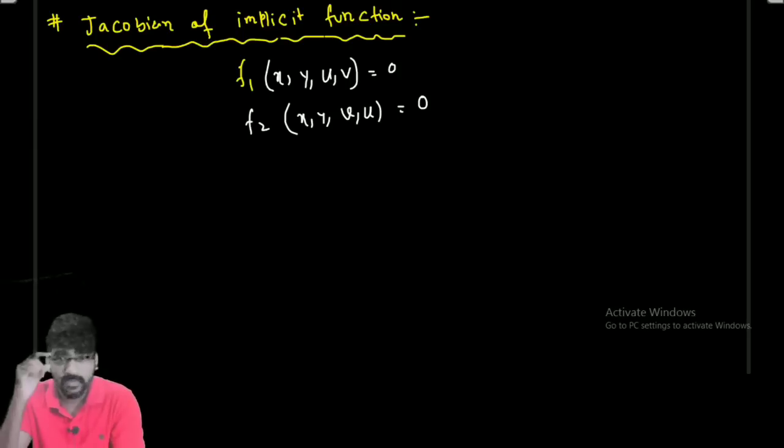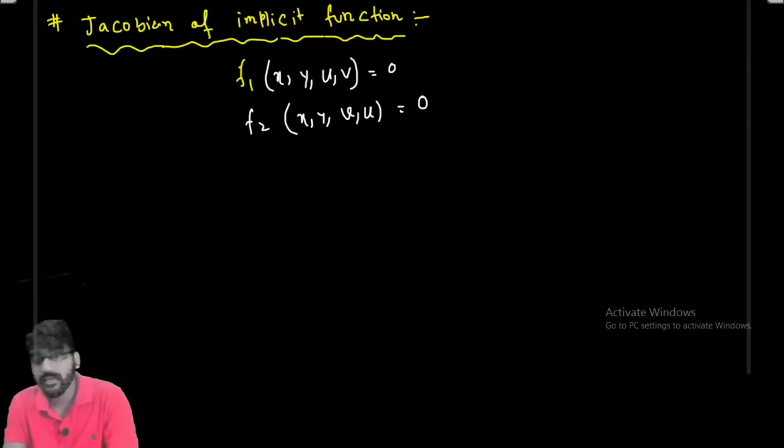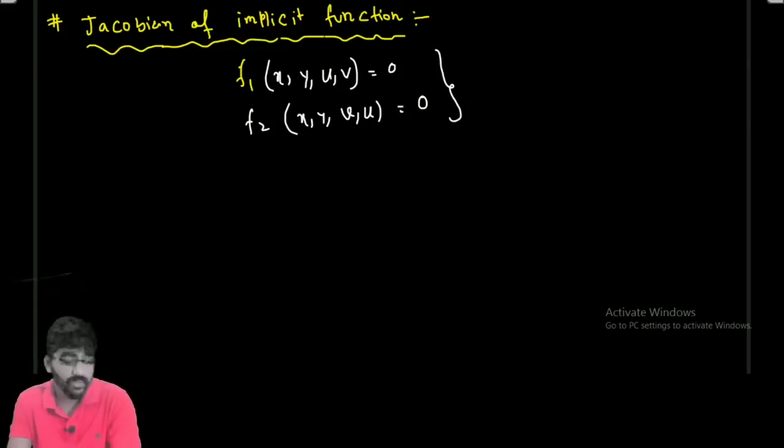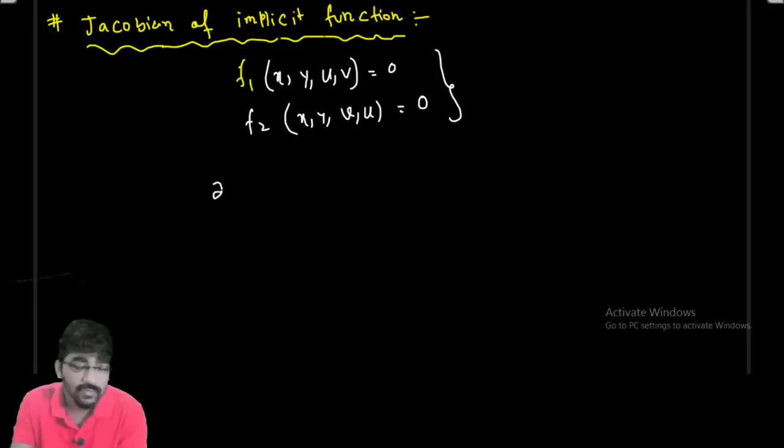Now you have to remember a very important property. I am not going to derive this property, just use it. In this situation, if there are functions like f1(x, y, u, v) and f2(x, y, u, v), then you will get a relation, that is del (u, v) upon del (x, y).